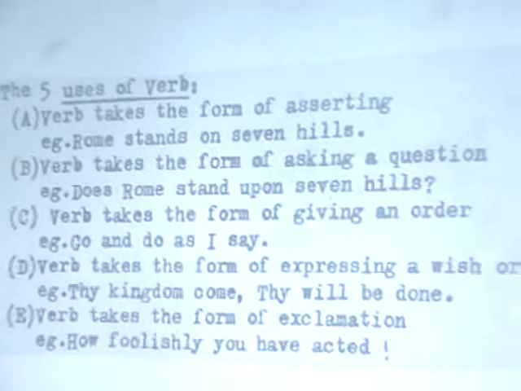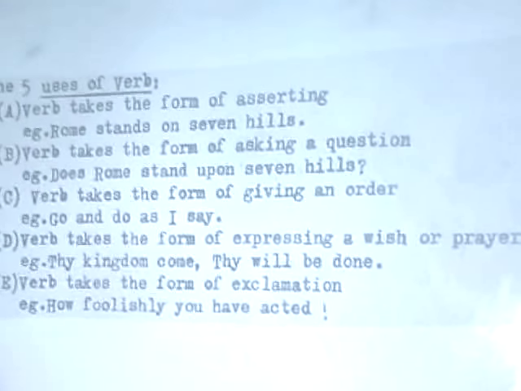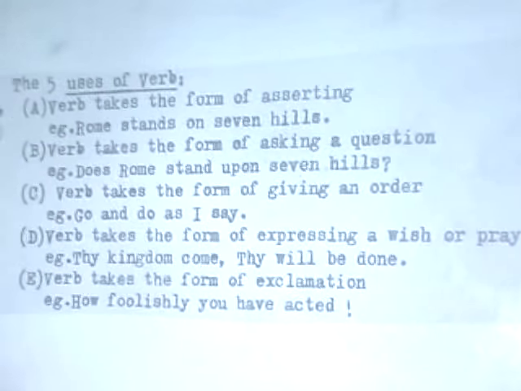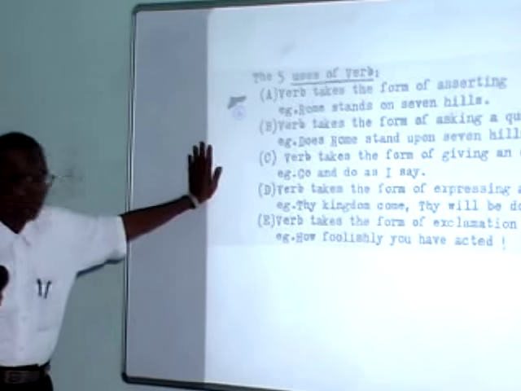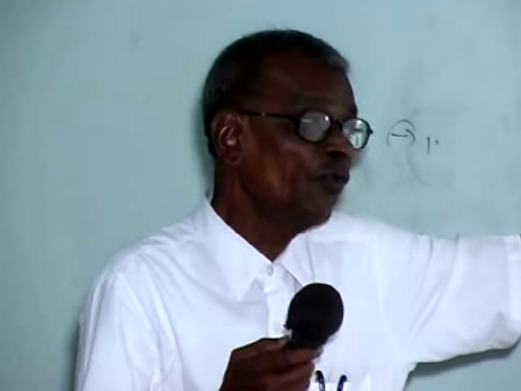Thirdly, verb takes the form of giving an order, as in go and do as I say. Fourthly, verb takes the form of expressing a wish or prayer, as in thy kingdom come, thy will be done. And lastly, verb takes the form of an exclamation, as in how foolishly you have acted.